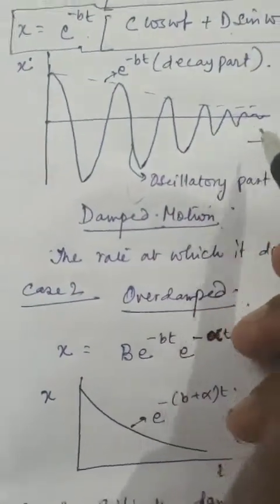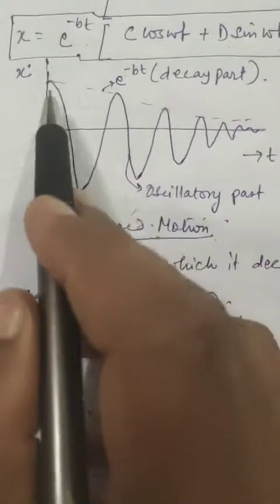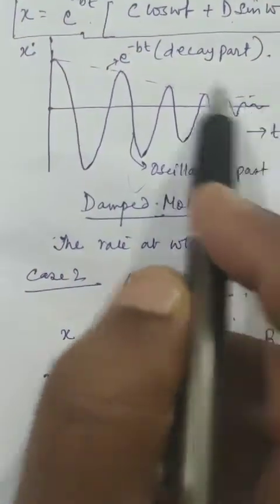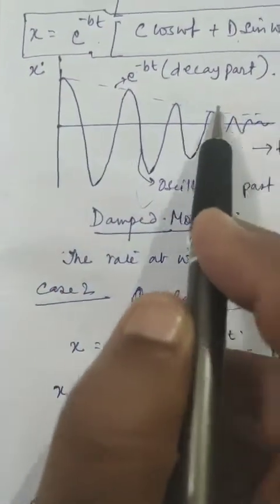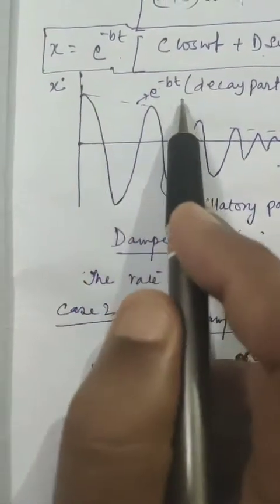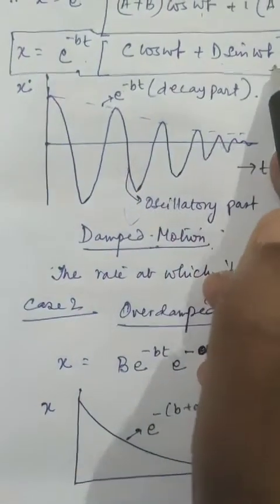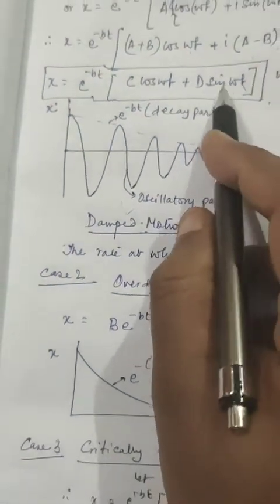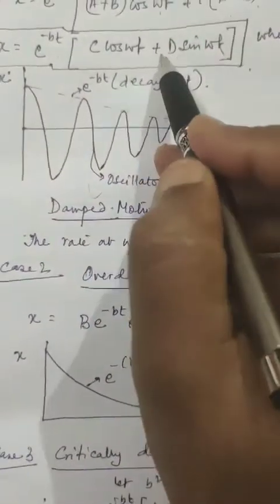So it is underdamped, it is going to oscillate, but every time it oscillates, the amplitude is going to reduce, and the reduction of amplitude is given by this term. So this is the damping term, and the oscillation is in this mathematical entity.